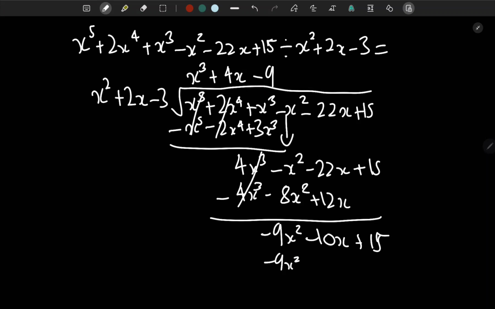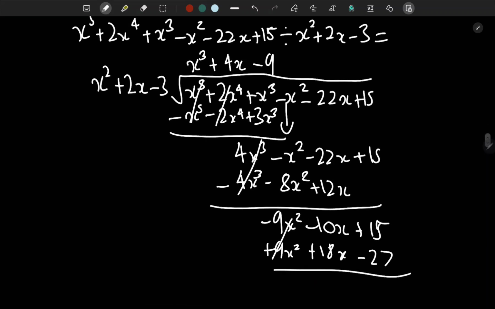Minus 9 times 2x is going to give you minus 18x, and minus 9 times minus 3 is going to be 27. Now again we need to switch the signs, so plus here, and minus over here. This cancels out with this, and we're left with 8x minus 12, and this is the remainder since we cannot divide this anymore.